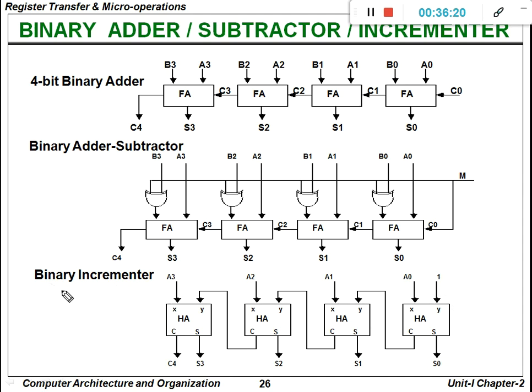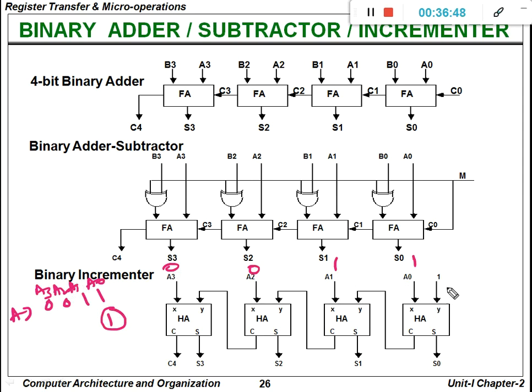Now let us consider how it works by taking an example. Assume the content of register A is 0 0 1 1. What is meant by incrementer? We are just going to add plus 1. So the values of A0, A1, A2, A3 are 1, 1, 0, 0.